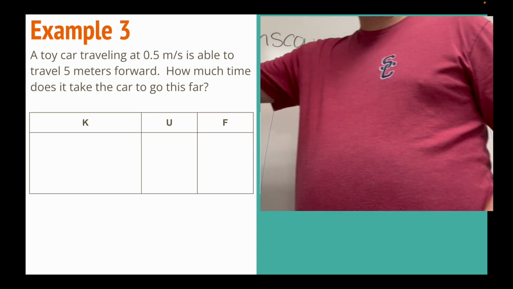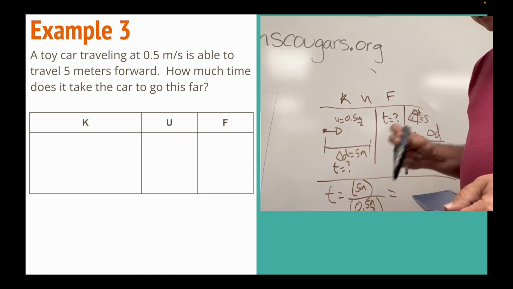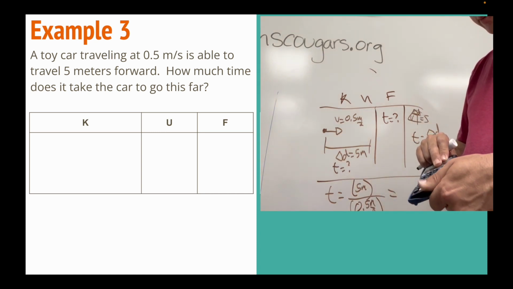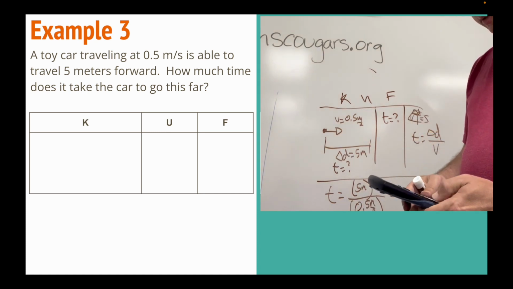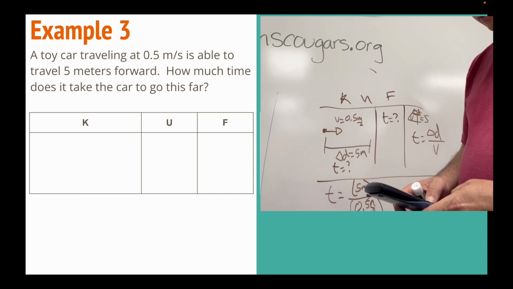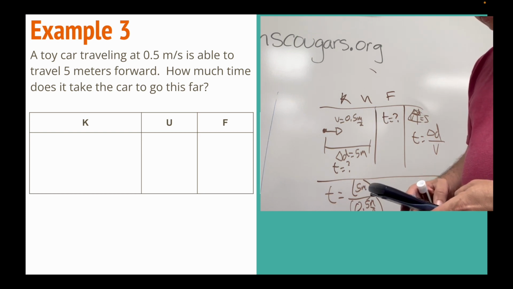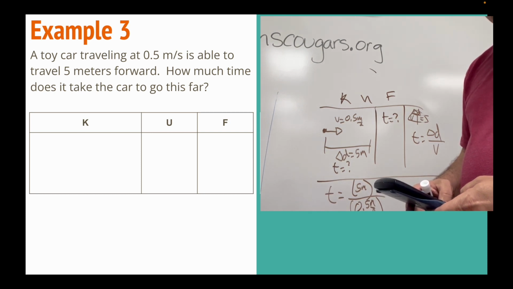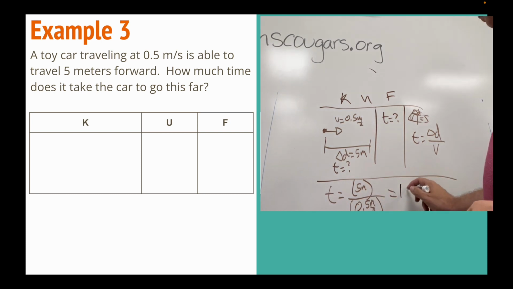So let me go ahead and follow my own rule because I always mess this kind of problem up. Let's do this. Clear. 5 divided by 0.5 should be 10. Yes, it is 10. It is not what you think it should be.